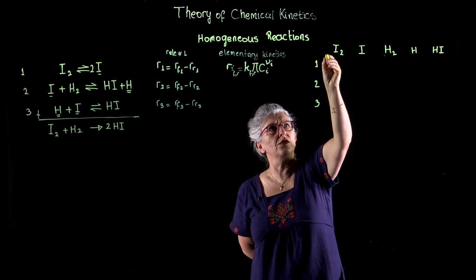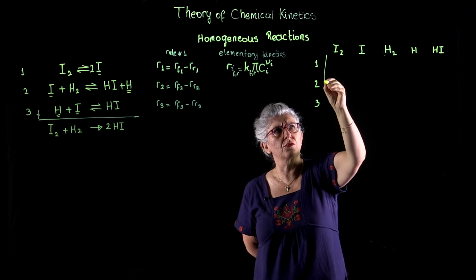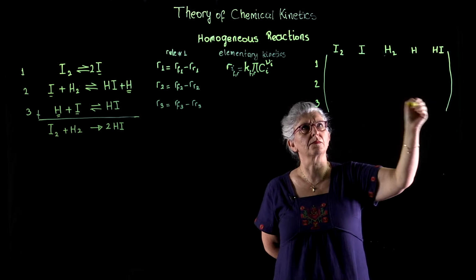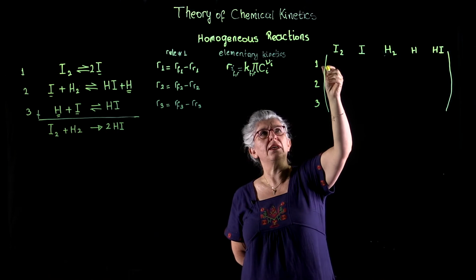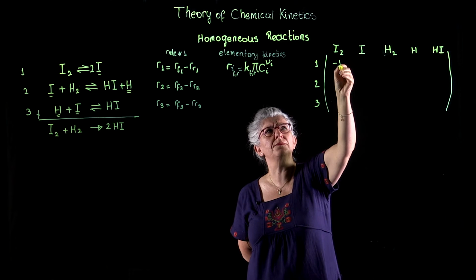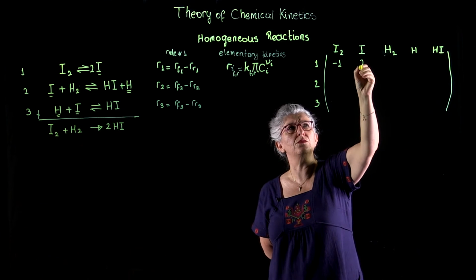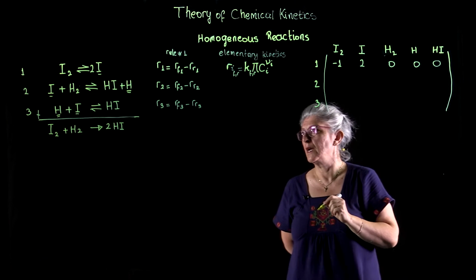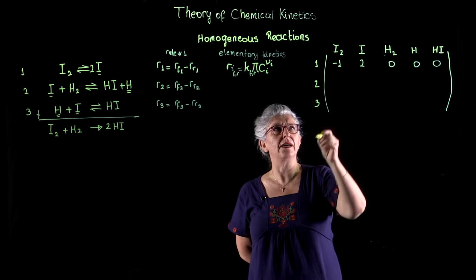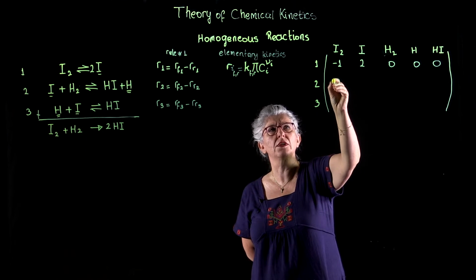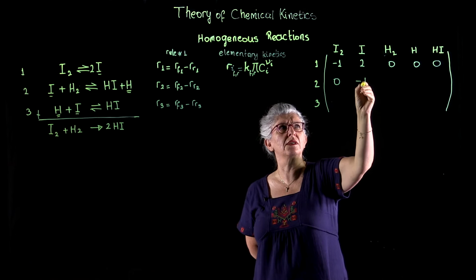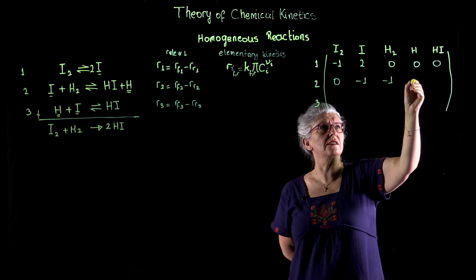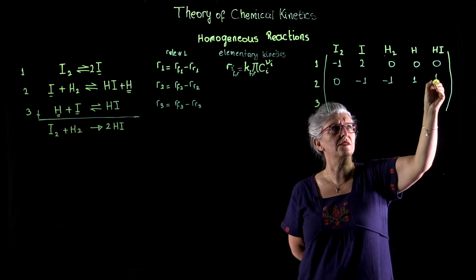So we're going to form our stoichiometric coefficient matrix. I2 in reaction 1 has a stoichiometric coefficient of -1. I has 2. These have 0 stoichiometric coefficients. In the second step, I2 has 0, I has -1, H2 has -1, H is +1, and HI is +1.